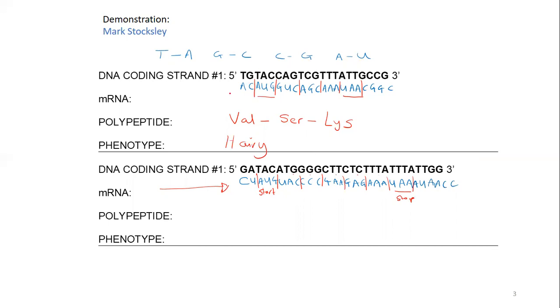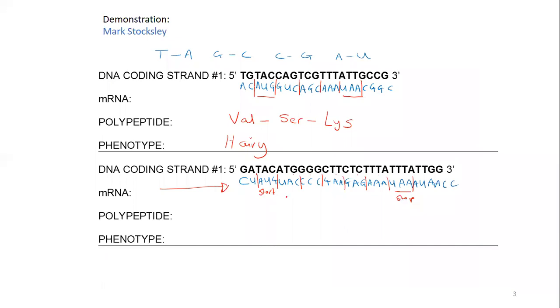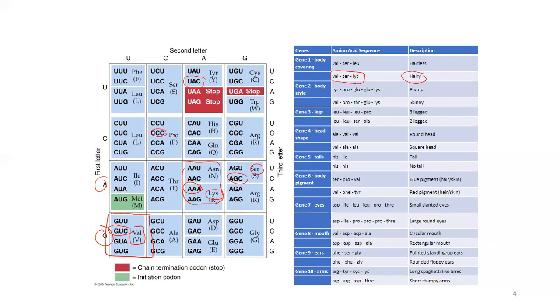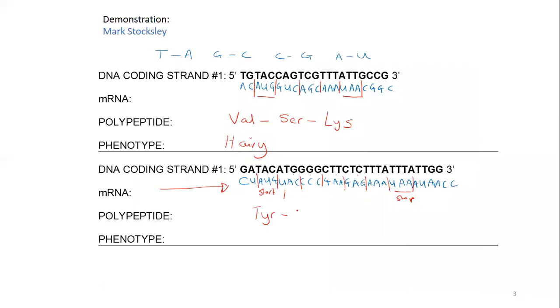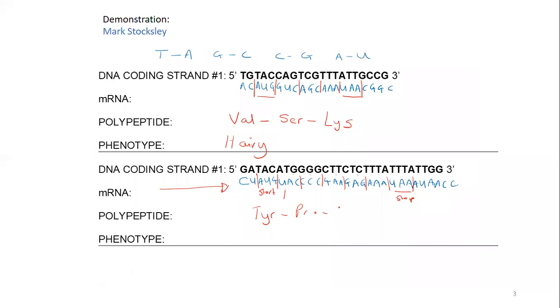So let's do that. The first one, UAC. I'll go a little bit quicker. Tyrosine. So I'll write that down here. CCC, proline. GAA, it's glutamate or glutamic acid.